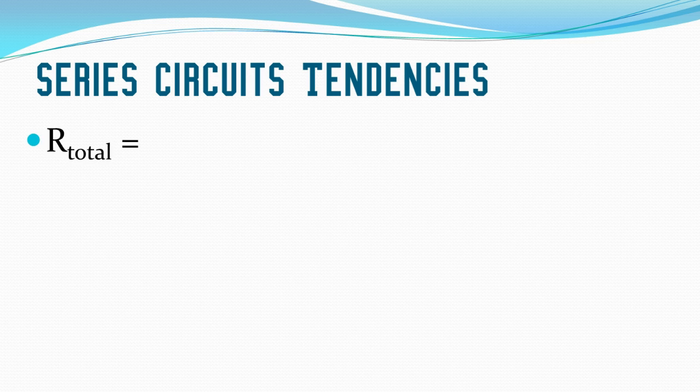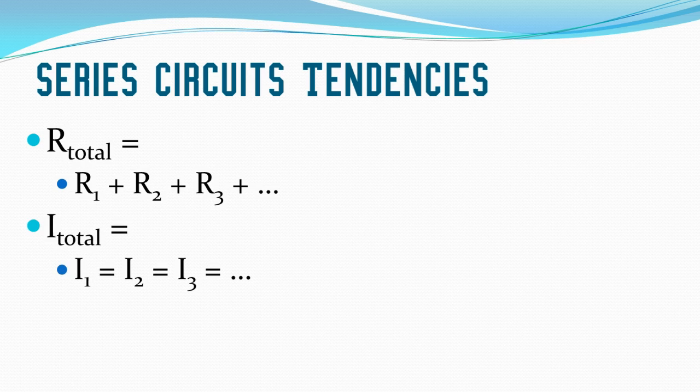The power supply, or the voltage at the power supply, which is the total voltage, is equal to the sum of the voltage drops, so the change in potential energy between 2 points on the circuit. Using Ohm's law, we'll be able to find each of those individual voltage drops at each of our resistors. Add them up to get the total voltage, or the total power supply.